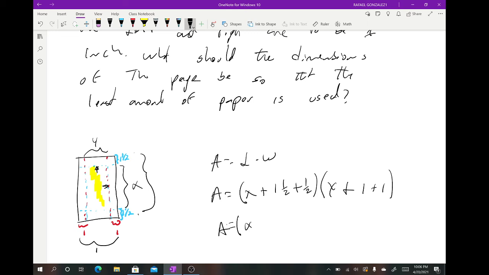Well, this simplifies to x plus 3, because 1.5 plus 1.5 is 3, and 1 plus 1 is 2.